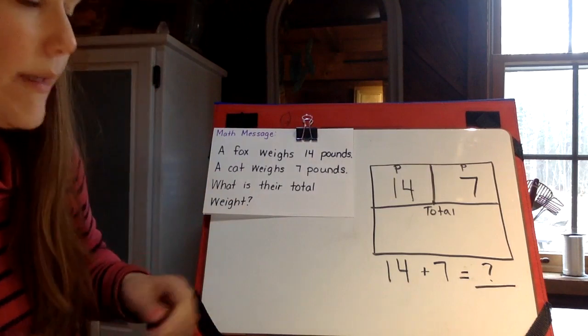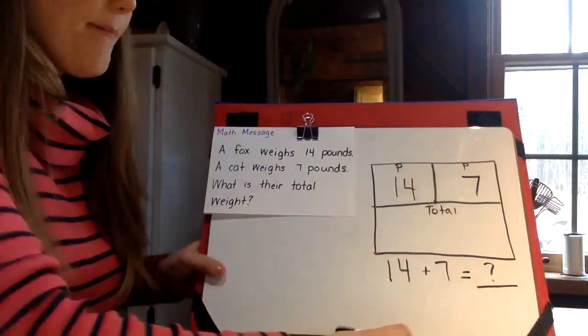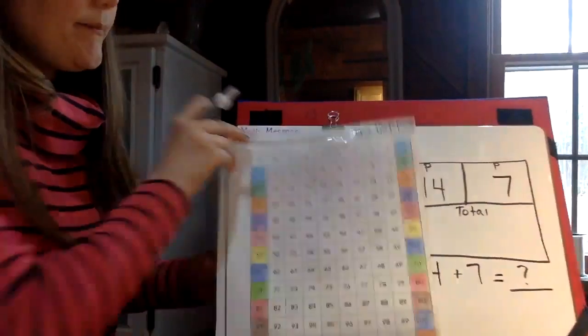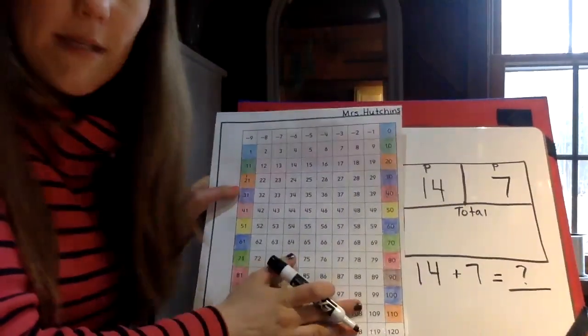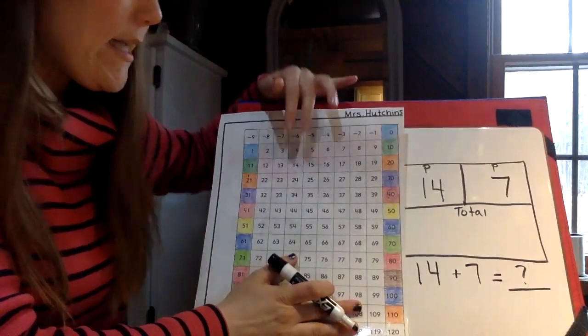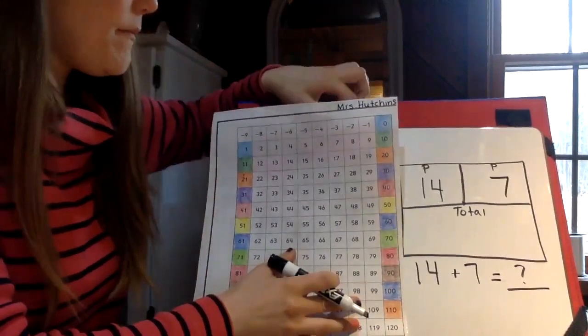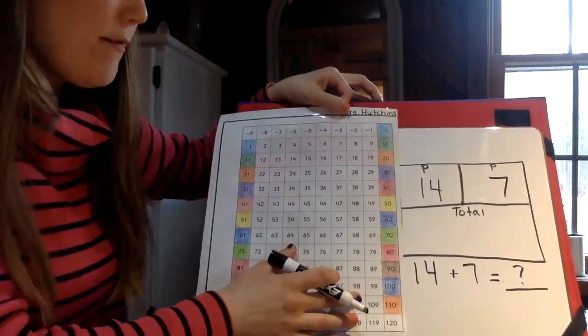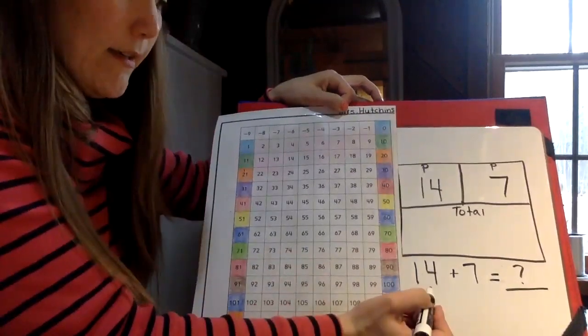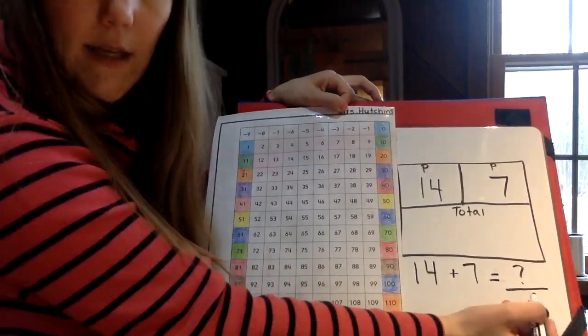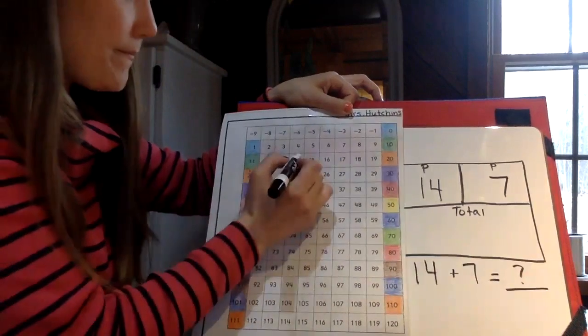So let's go back and use the number grid since we were just using that. So our problem is 14 plus 7 equals something. Well, that's pretty easy to figure out. I find the 14 and I add 7 and that gives me the answer. Let's do that.